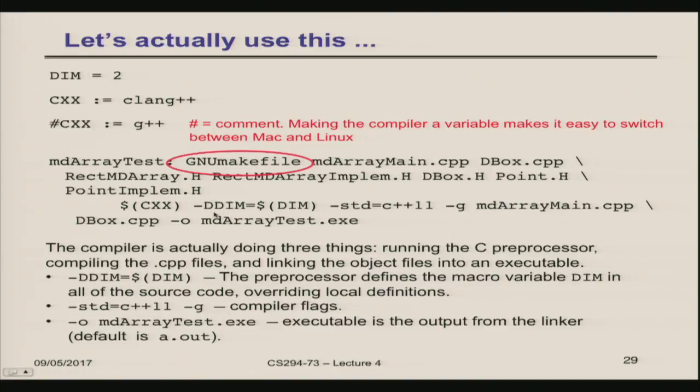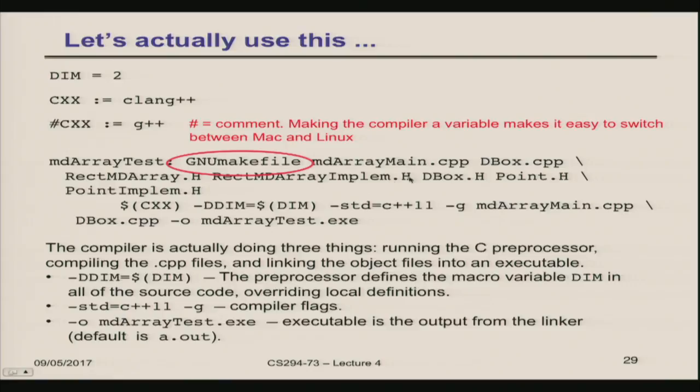So dim is a variable that's defined as a preprocessor variable in my source code, and I'm saying to the compiler, everywhere you see that, replace it with whatever is inside the variable dim. So now I'm using dim in 3 different ways, and they're distinct. There's dim inside of my source code. There is the variable name dim, and there is what it gets set to, which is actually 2.